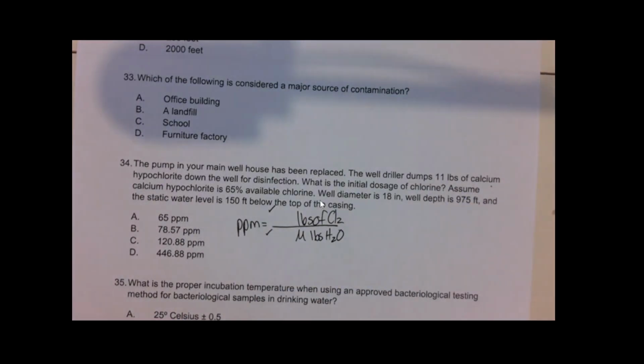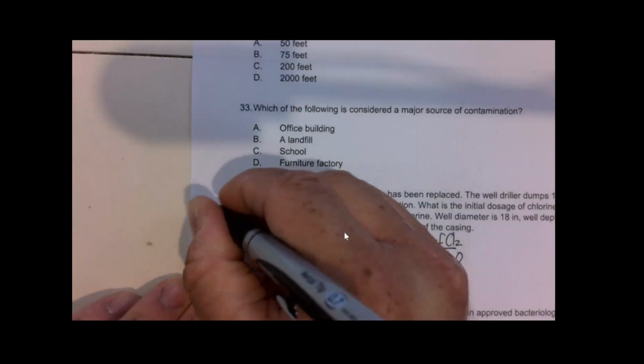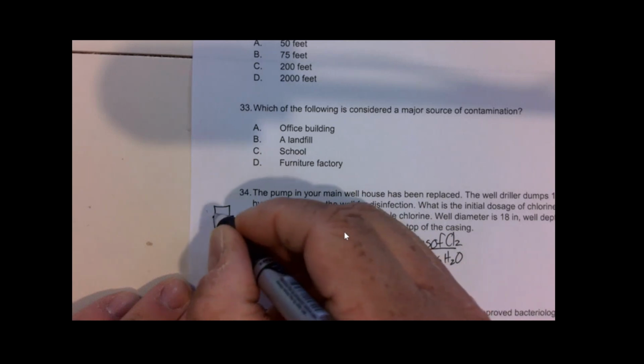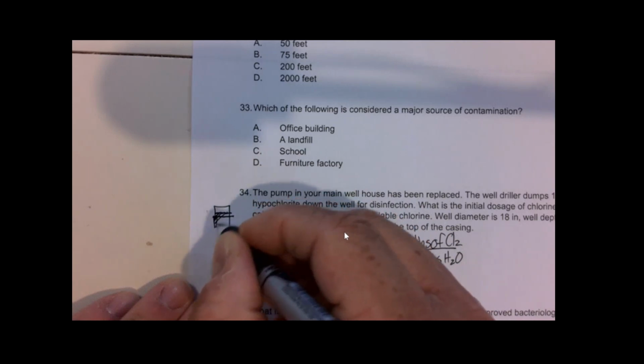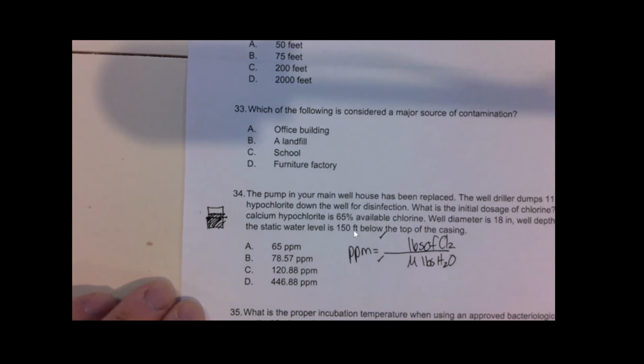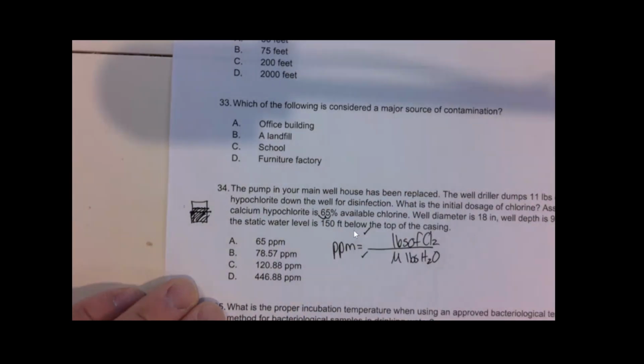So what it's saying is, let me draw a little picture over here. If we have a container that's, you agree, probably half, well, that means 65%. So that part is how much is pure chlorine, the top. In order to solve for that, what do we do? Well, first off, always convert a percent to a decimal.